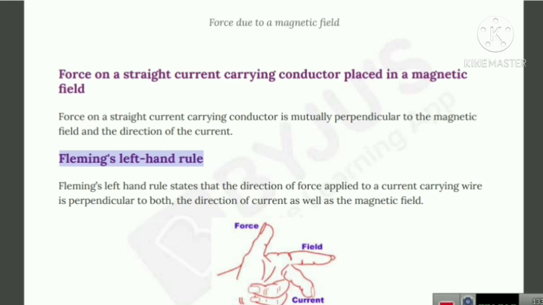Understood? Thus the thumb shows the direction of the force, the pointer shows the direction of the magnetic field lines, and the middle finger shows the direction of the electric current.